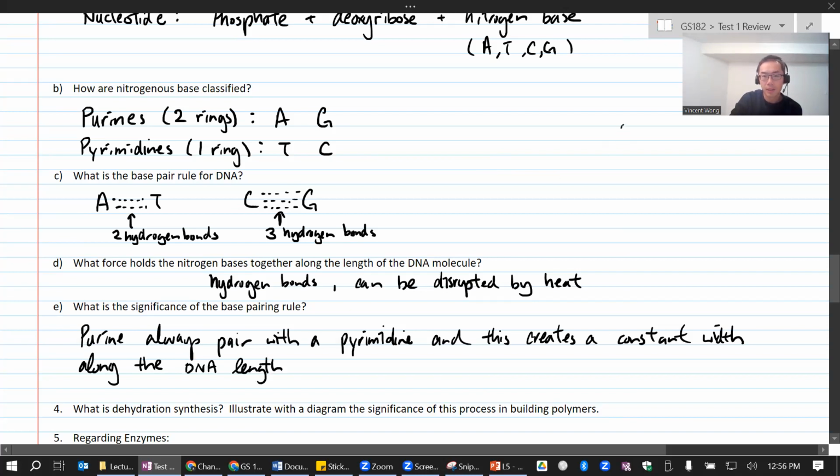Like if you think about the DNA here, it's always the same width.